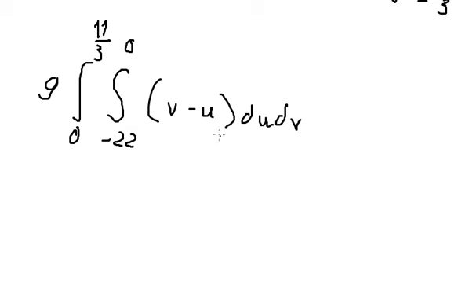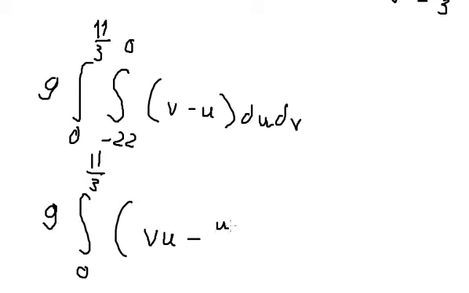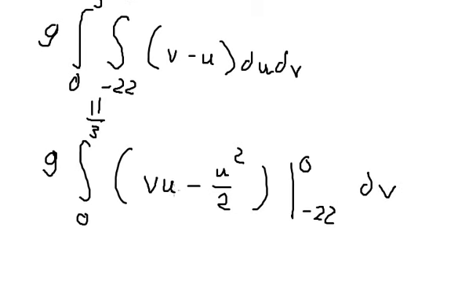About du, so we will have vu minus u squared over 2. So we put 0 and negative 22 in here.